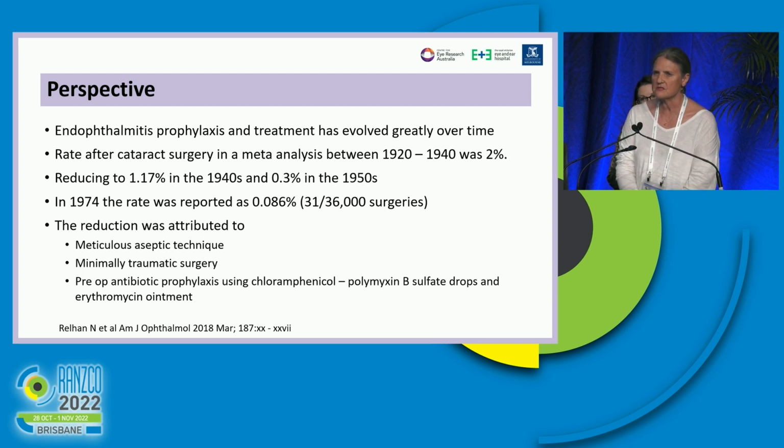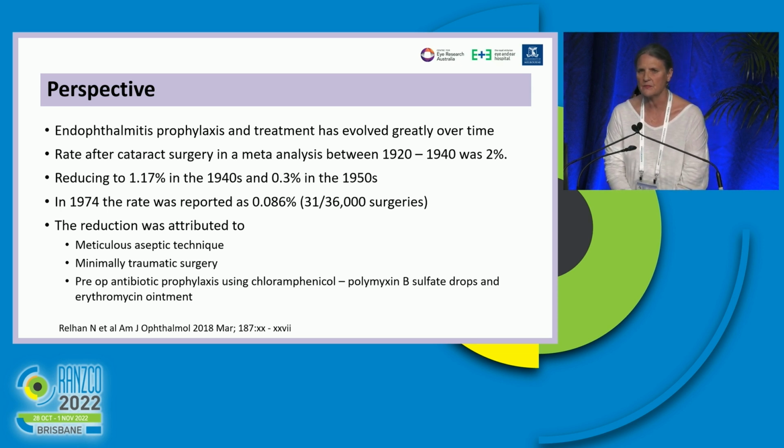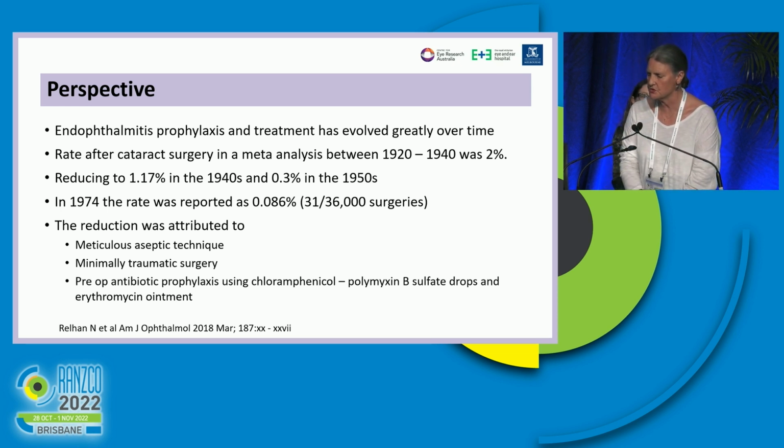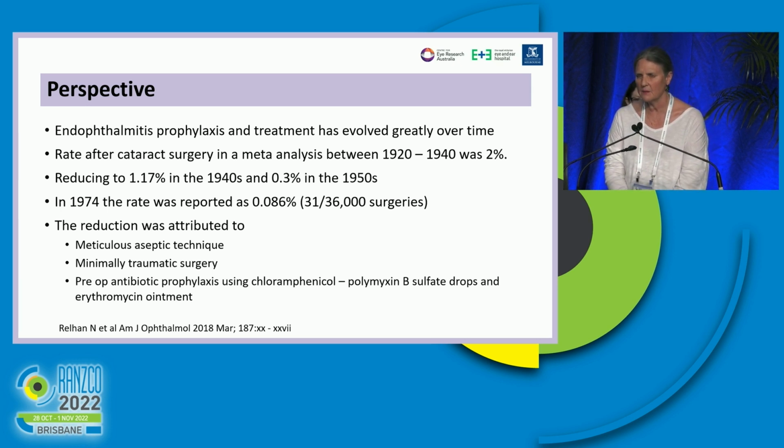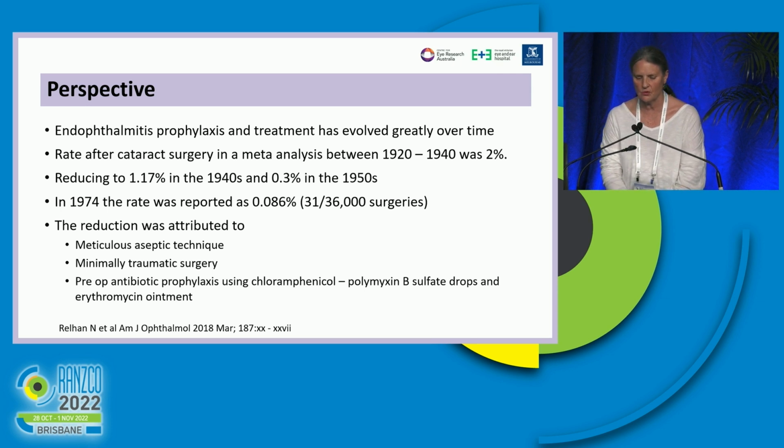In the 40s, this reduced a little, but it wasn't until the 50s that there was a significant reduction to 0.3%. And in 1974, the rate was reported as 0.086%. And at that time, the reduction was attributed to meticulous aseptic technique, an improvement in the trauma of surgery, and pre-operative antibiotic prophylaxis using a mixture of chloramphenicol and polymyxin and erythromycin.